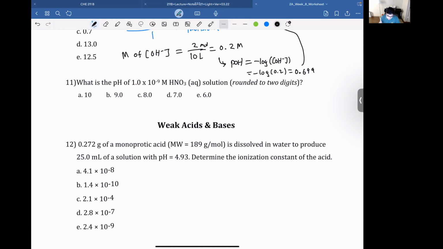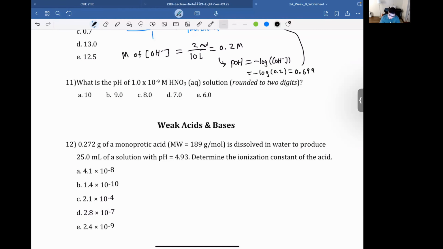So it says, what is the pH of a 1.0 times 10 to the negative 9th molar solution of nitric acid? So this one you have to look at the concentration. So typically we ignore the autoionization of water because the autoionization of water is negligible compared to that of the acid we're adding.